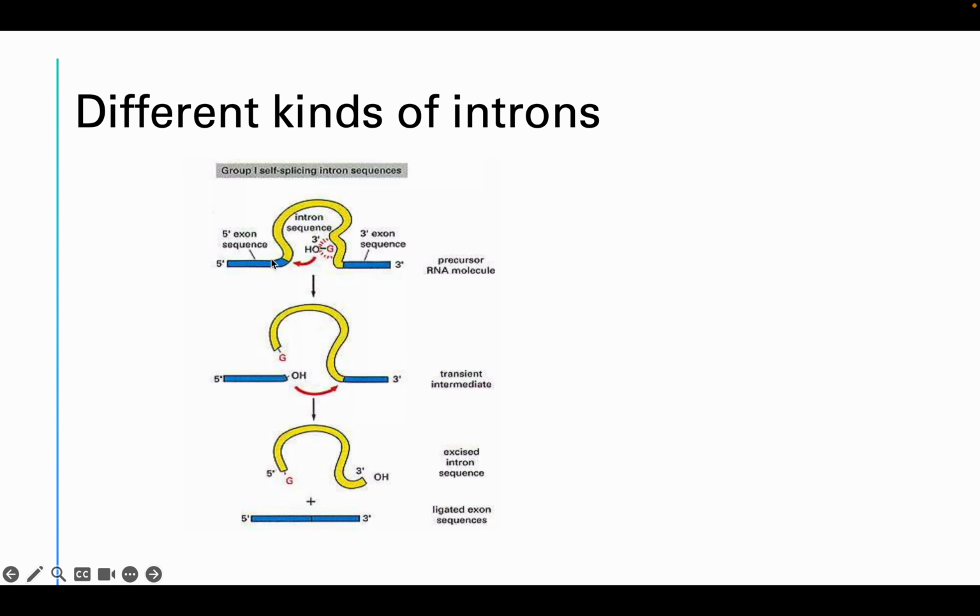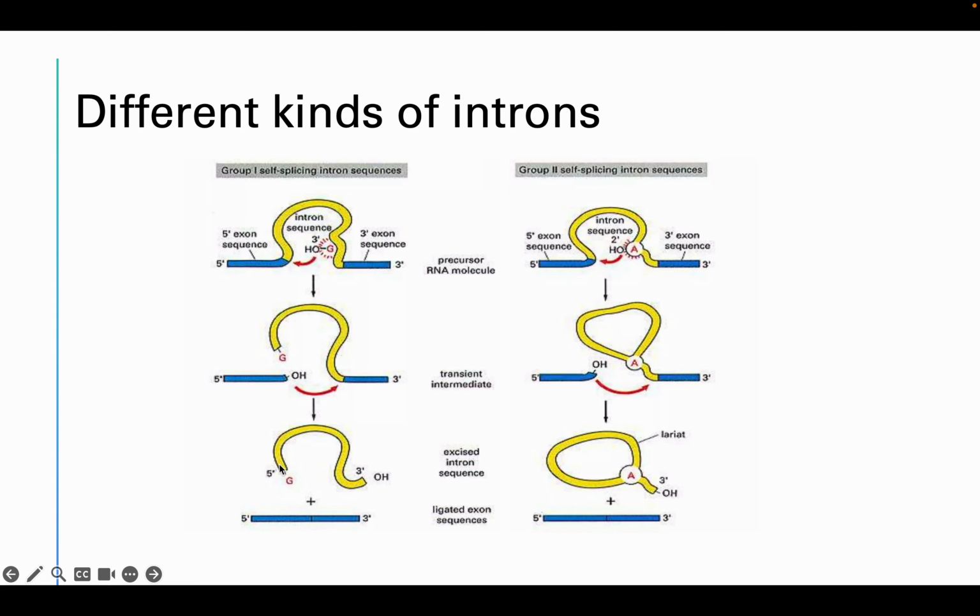Then it reacts with the 5 prime intron, at the start of the intron, and this gets cleaved, and this is called the transient intermediate. Then this OH group attacks the start of the next exon, or the end of the intron, and this is released as linear.